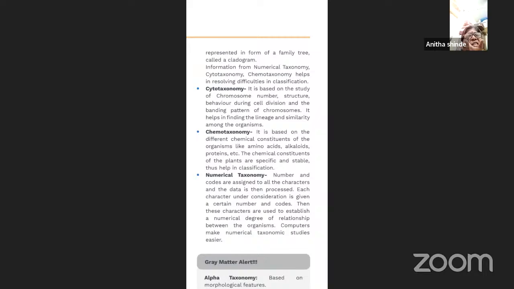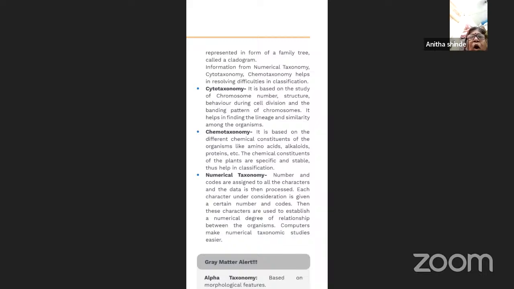Now, chemotaxonomy will not hold good for animals to some extent, but it will hold good for plants. When we talk about the chemical constituents in animals, such as human beings, they are stable; almost all the organic and inorganic components like proteins and amino acids are present, with only a little variation.